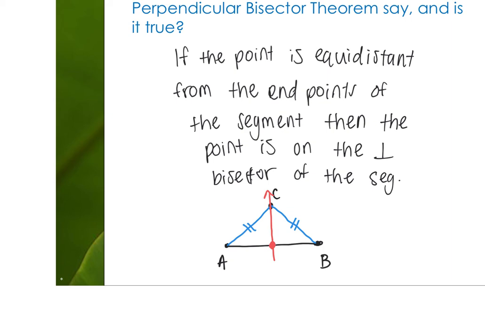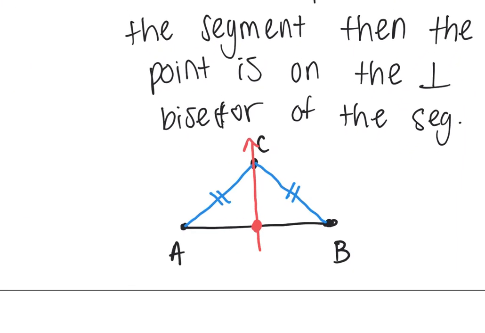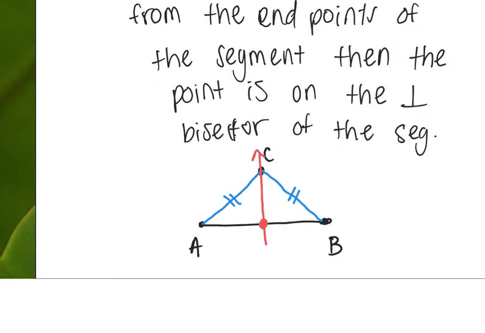So we're reversing the order, okay? It's saying if we know that the two segments that lead to the endpoints, in other words, pick a point C, and if this distance is the same as this distance, does it lie on the perpendicular bisector? And the answer is yes, to our image, okay? We would say that C does indeed lie on the perpendicular bisector because of these two congruence marks, okay?